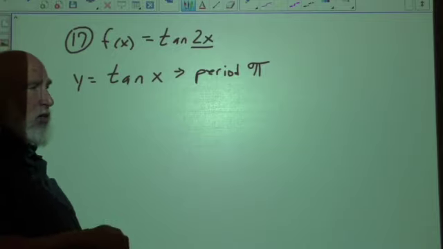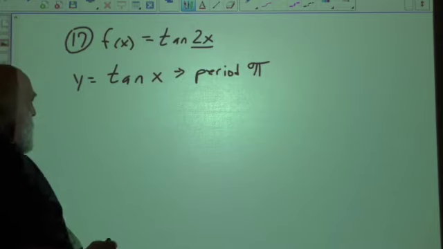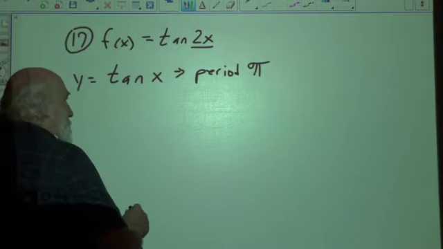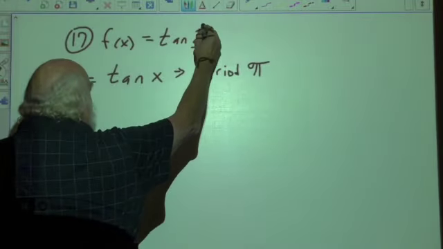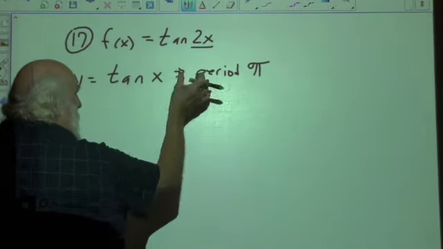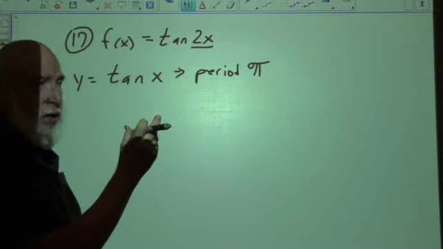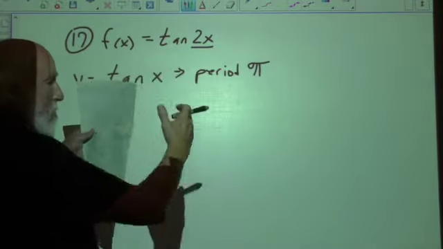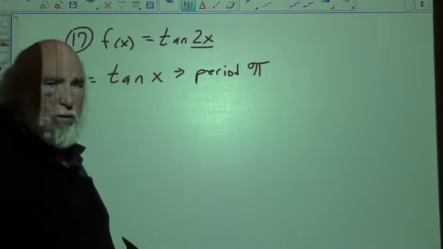I think you'll see a shift and a squeezing. It turns out that the 2 tells you you're going to have twice as many waves in the same period. In other words, for every pi, you should get 2 of these curves.